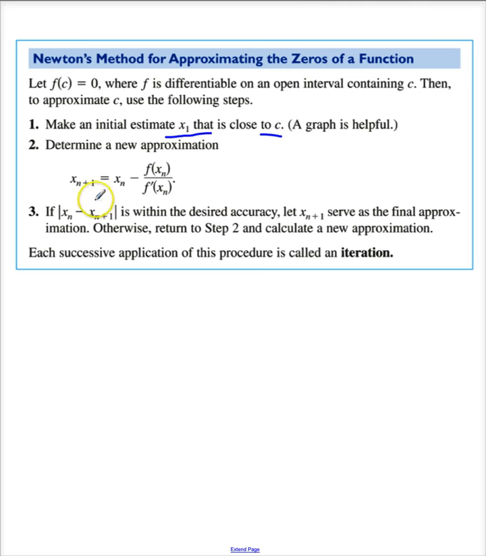And then you're going to keep going until xn minus xn plus 1 is within the desired accuracy. So you're just going to keep doing this until your x values agree close enough. And this iterative process, often it's very helpful. You must usually use a calculator.